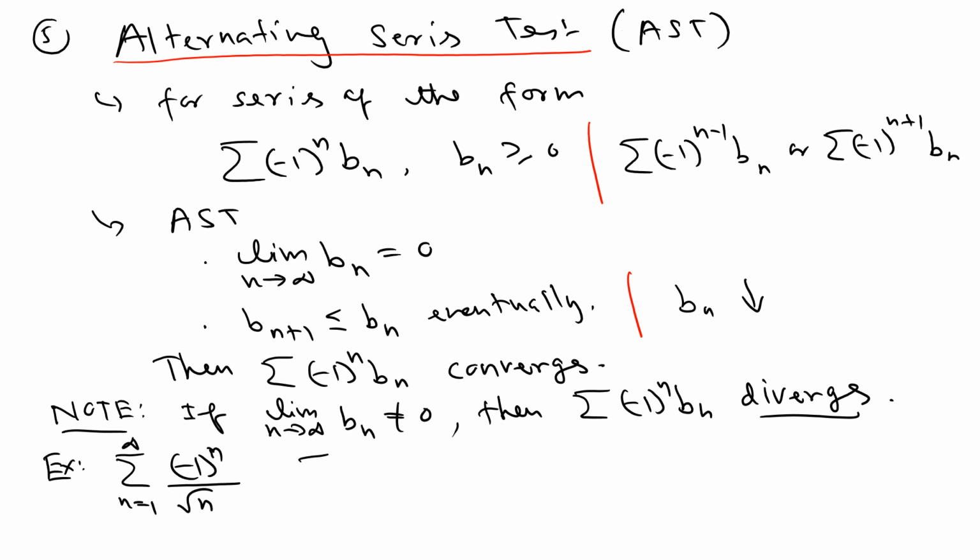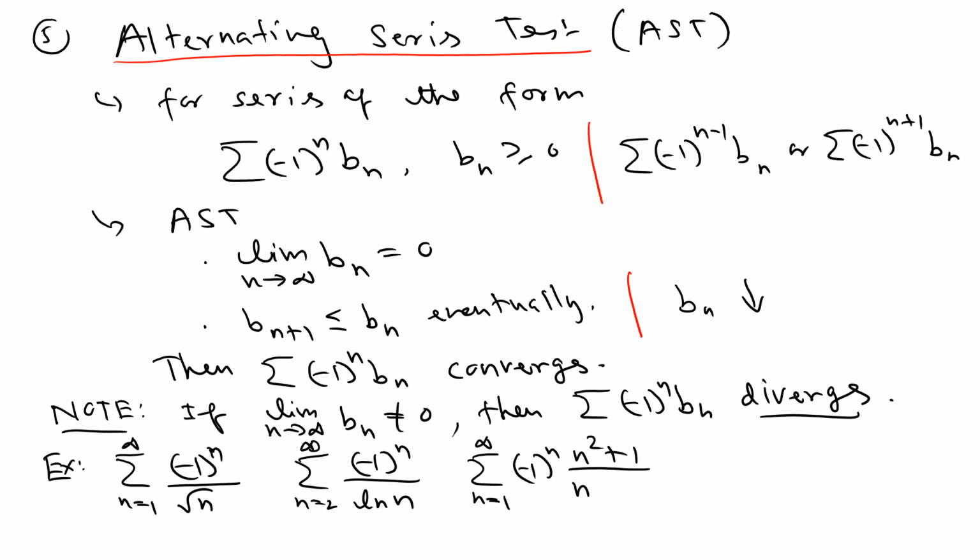How about this one? n going from 2 to infinity, (-1)^n over ln n, and you can see it satisfies all the nice conditions. And the next one is n going from 1 to infinity, (-1)^n times (n squared plus 1) over (n to the 4th plus 3), something like that.